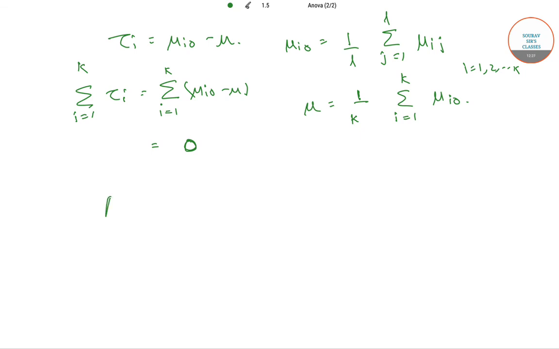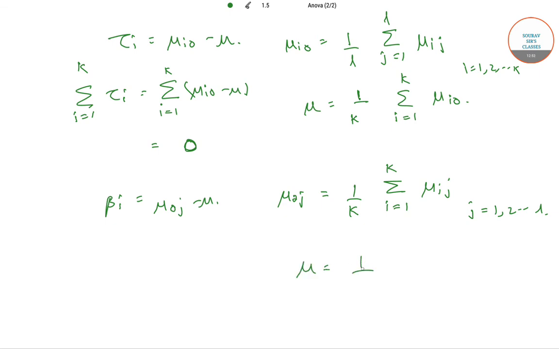Similarly, for beta j, which is equal to mu naught j minus mu, where mu naught j is equal to 1 by k summation i runs from 1 to k mu ij, where j runs from 1 to L, and mu is equal to 1 by L summation j runs from 1 to L mu naught j.